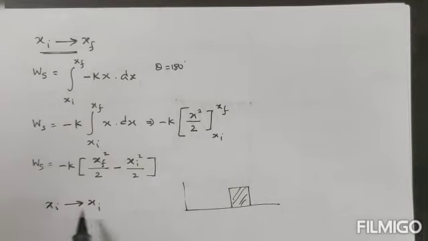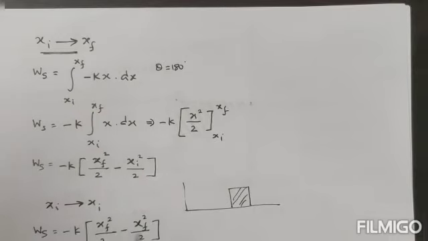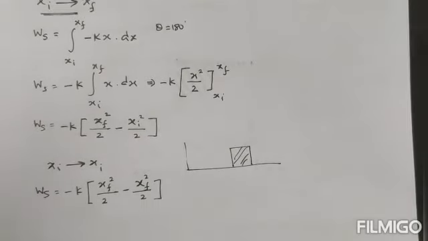So the initial position and final position are the same. In this case the work done by the spring is minus k into xf squared divided by 2 minus xf squared divided by 2, because both are the same. So xi or xf, anything we can write. Therefore the work done by the spring is 0.